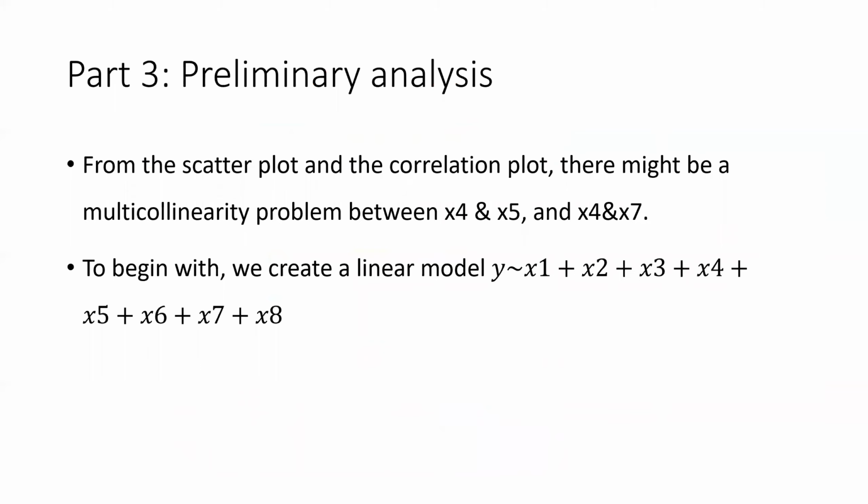From the scatter plot and the correlation plot, there might be a multicollinearity problem between X4 and X5 and X4 and X7, as we have seen before. To begin with, we create a naive linear model to investigate the relation between Y and X1, X2, X3, X4, X5, X6, X7, X8.